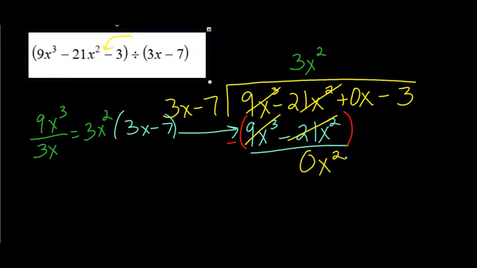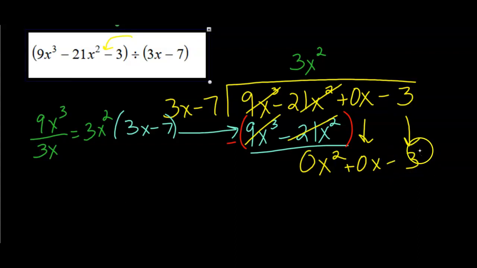So then the next thing you do is drop down your next term. Okay, so well, this looks kind of weird because 3x is not going to go into 0. So we would kind of move on to the next term. Well, 3x doesn't go into this 0 either. So we would move on to our next term, which is negative 3. 3x does not go into negative 3.